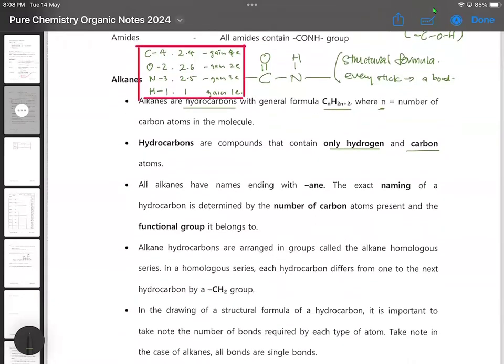For now, we look at the naming. The names normally end with -ane. The exact naming is determined by the number of carbon atoms present and the functional group present. In this case, alkanes don't have any functional group, so it is just -ane.